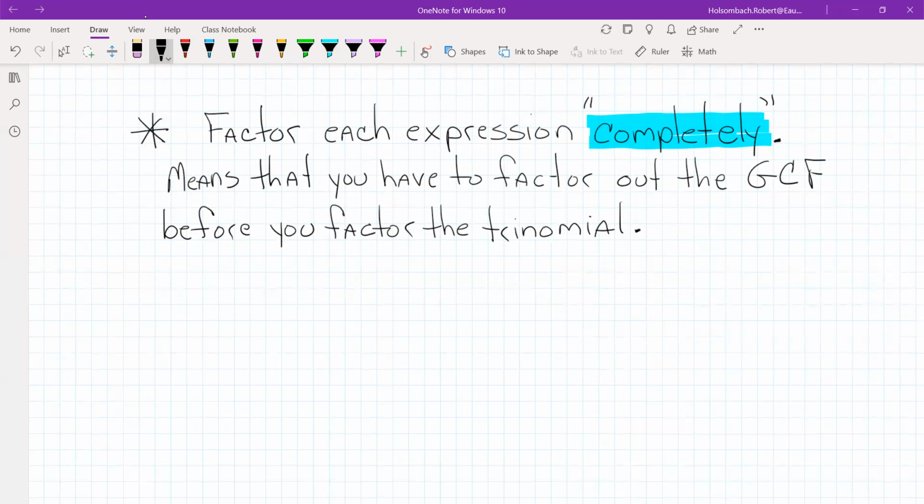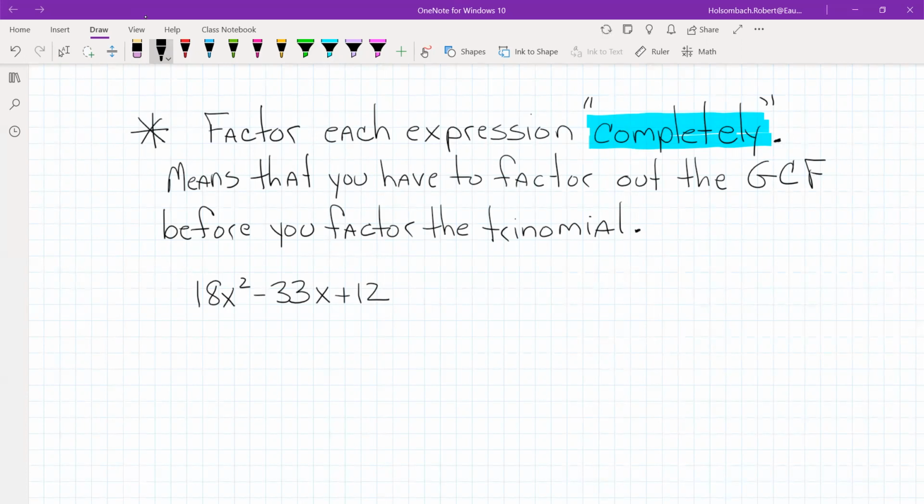Here's what I mean by that. If you're asked to factor each expression completely and we get 18x squared minus 33x plus 12, what we have to do first is find the greatest common factor of 18, 33, and 12.